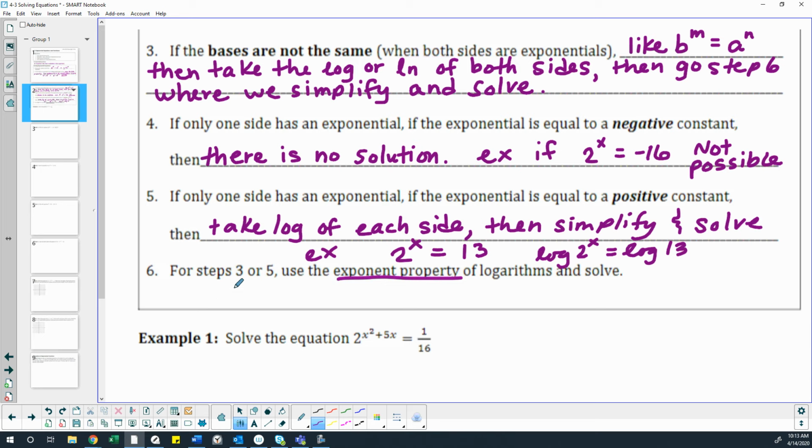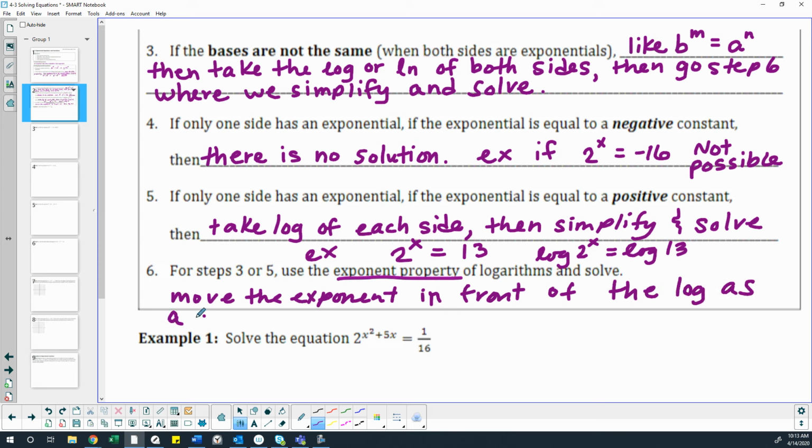So the exponent property is move the exponent in front of the log as a coefficient, then divide to get the variable by itself.